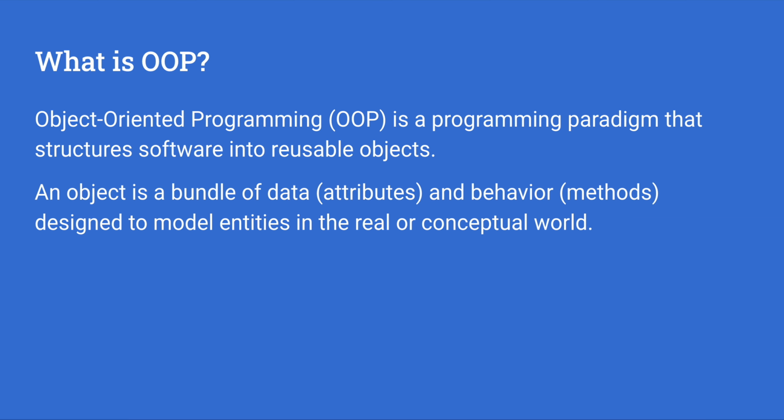What is OOPS? Object oriented programming is a programming paradigm that structures software into reusable objects. An object is a bundle of data, like attributes, and behaviors, like methods, designed to model entities in the real or conceptual world.